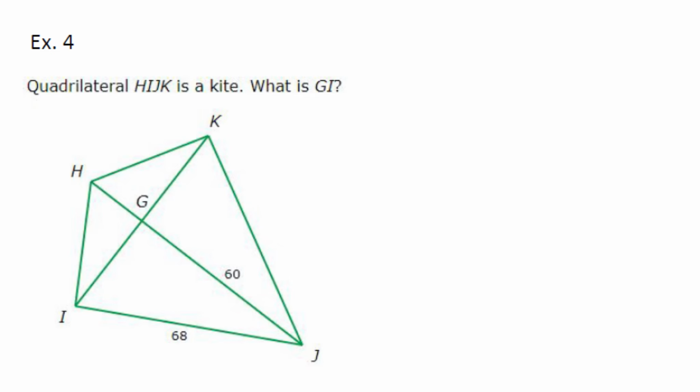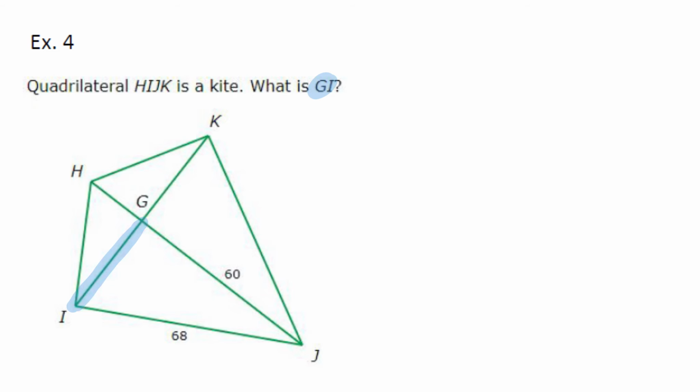All right, here's another problem. It's just different information, and we're looking for a different thing. So let's go ahead and do that. GI is a measure from here to here. And we are looking at the triangle. What else is this?